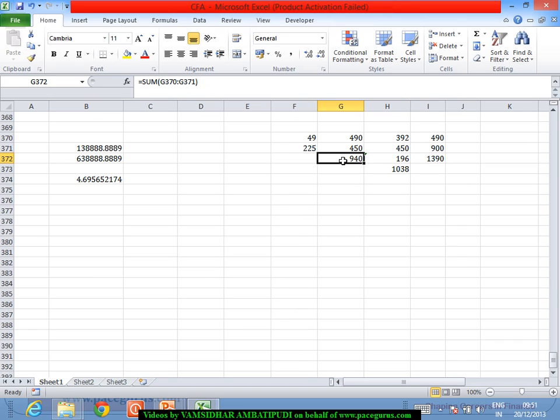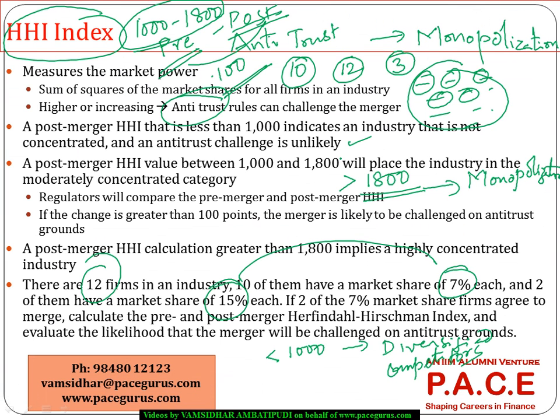So almost 400 or 450 change there. In this scenario, the antitrust law can come into picture and may or may not approve this takeover process at all. So that's how we use the HHI index to look at the acquisition from the perspective of monopolization, from the perspective of antitrust.